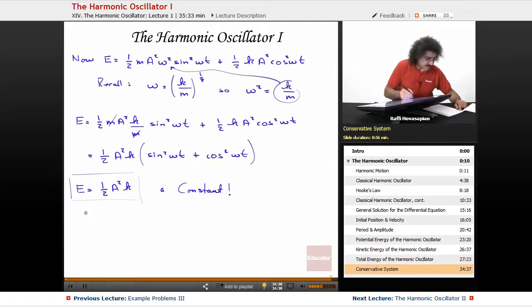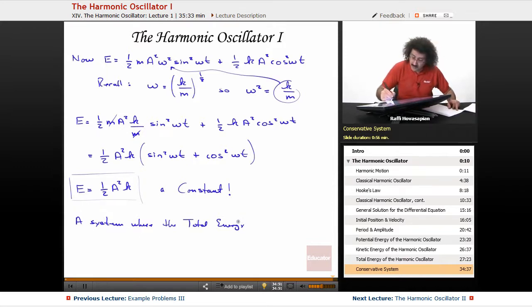So we have now a system where the total energy E is conserved. Such a system is called, appropriately, a conservative system.